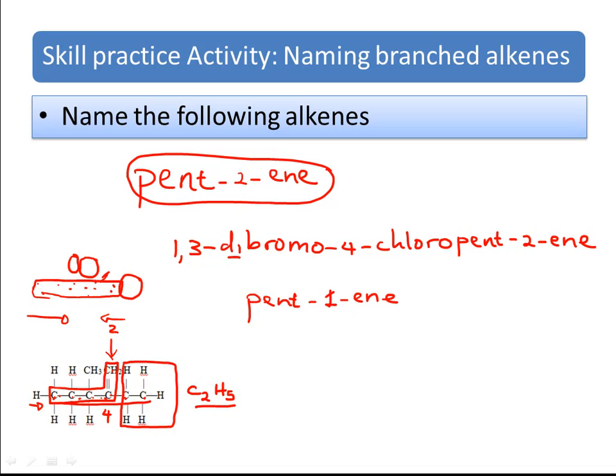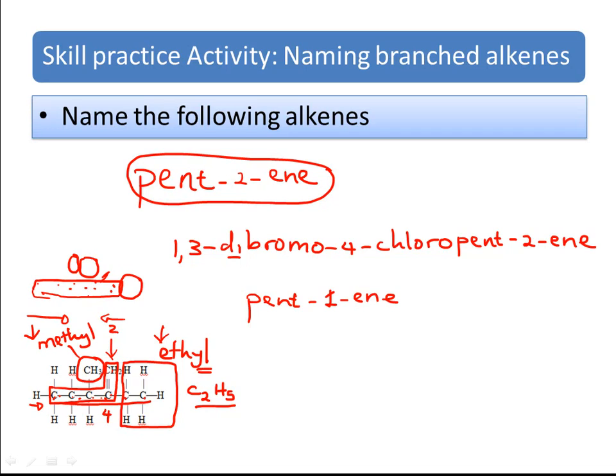So this one is an ethyl group because it's a side chain, and the suffix for all alkyl groups is yl. This one here, we've got a methyl group right there, right? And when we are naming these, we start with the one that comes first alphabetically. E comes before M.